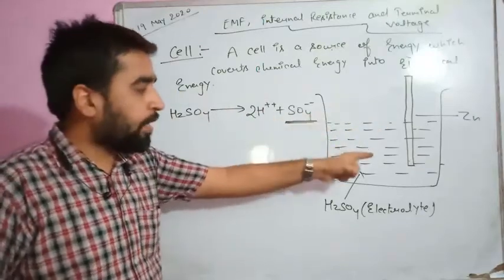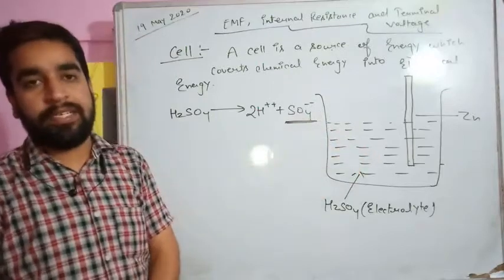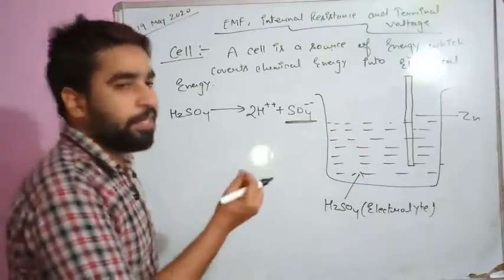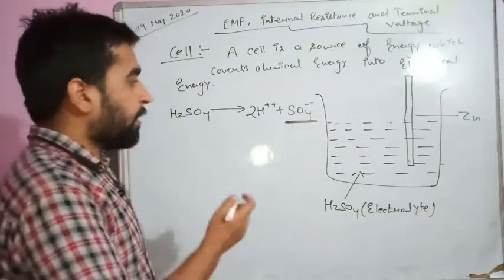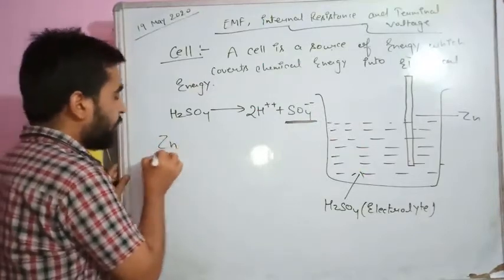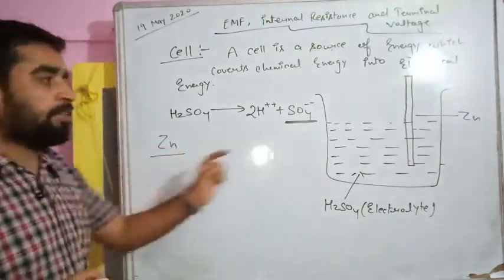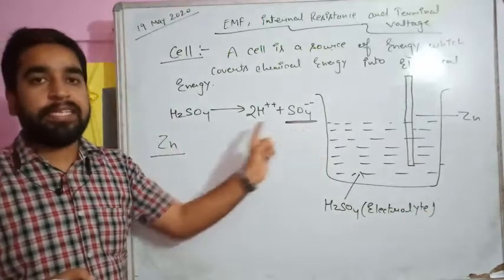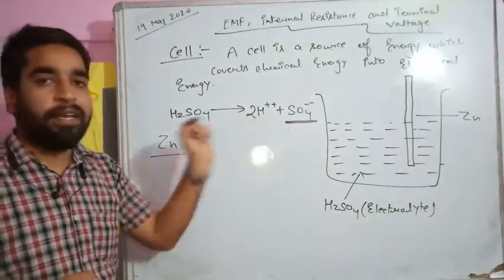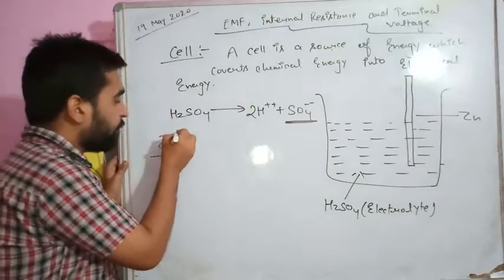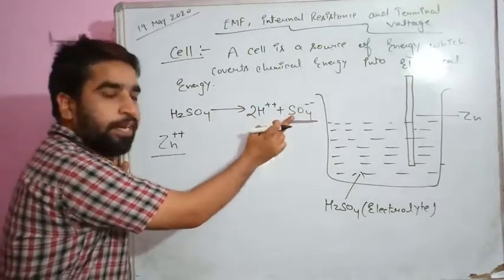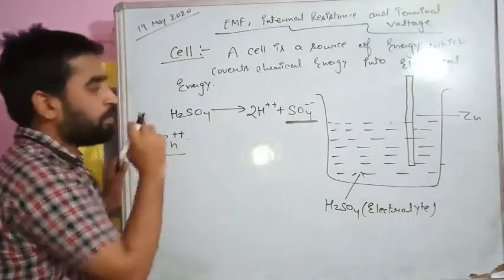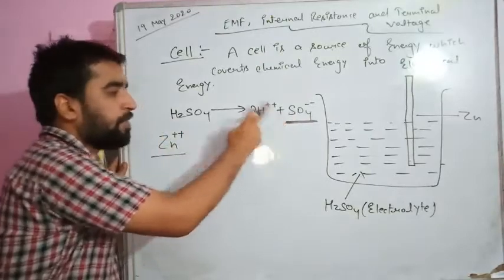So how will this zinc electrode be able to react? So students, the solution is very simple. What does the zinc electrode require to react with the sulfate ion? The answer is the zinc electrode can react with the sulfate ion once it is positively charged, because there are two negative charges. If it is two positively charged, then it can react with the sulfate ion.